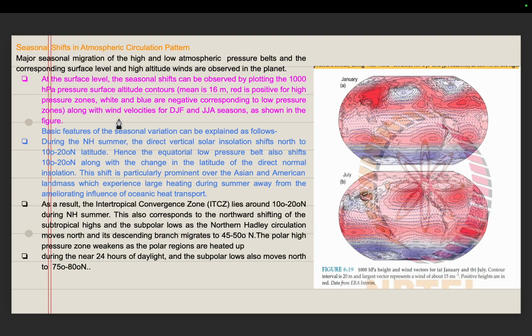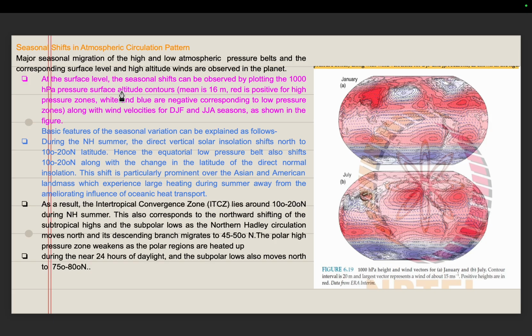The major seasonal migration of high and low atmospheric pressure belts and the corresponding surface level and high altitude winds are the main drivers which determine how our monsoon occurs, or how there is rainfall in our continents.